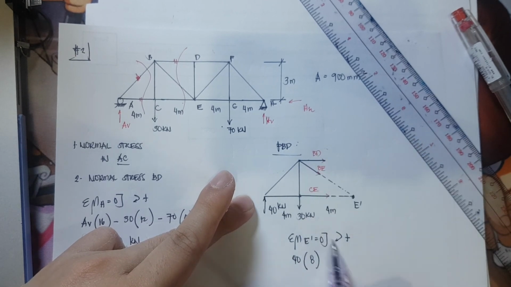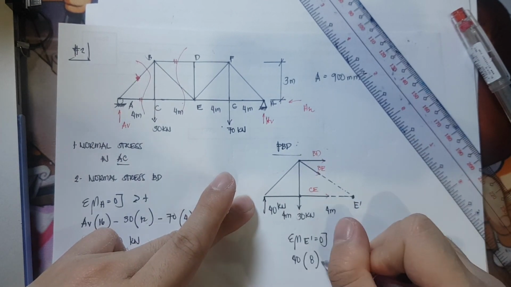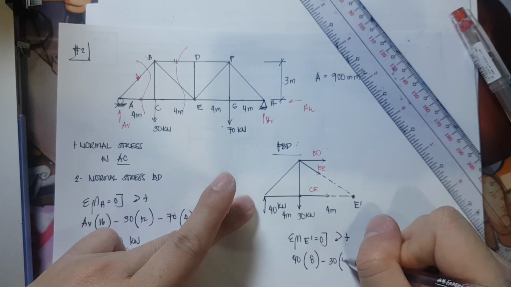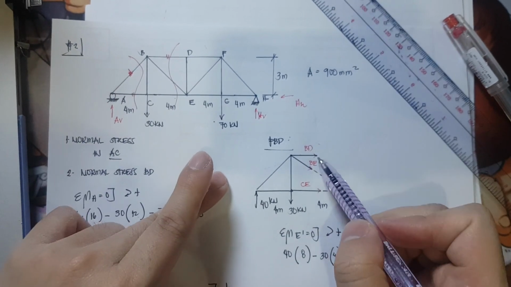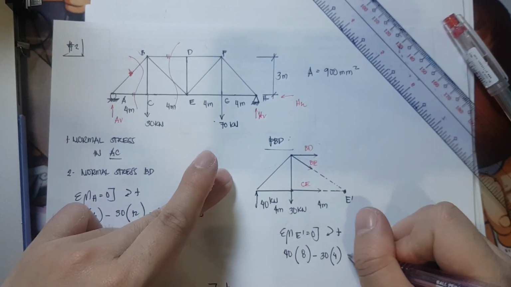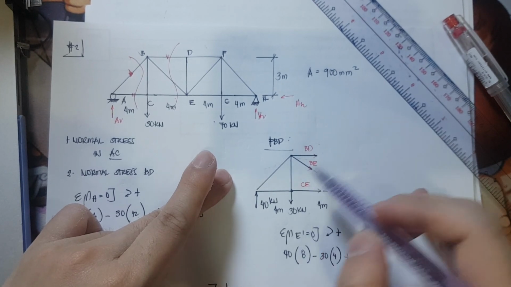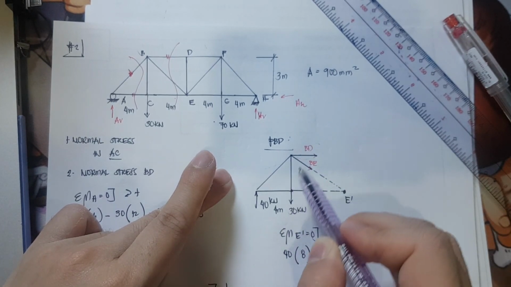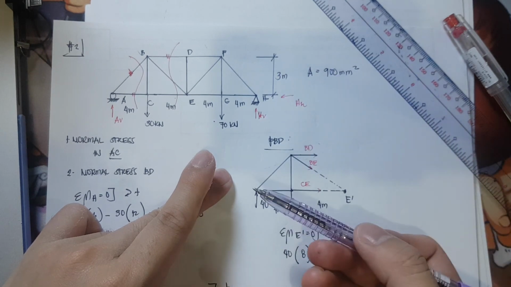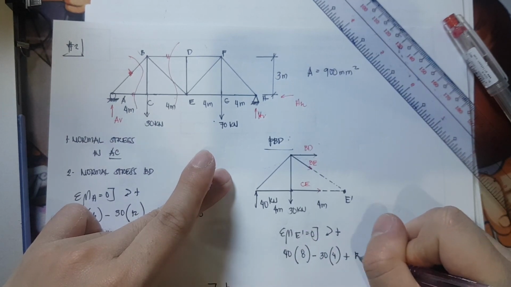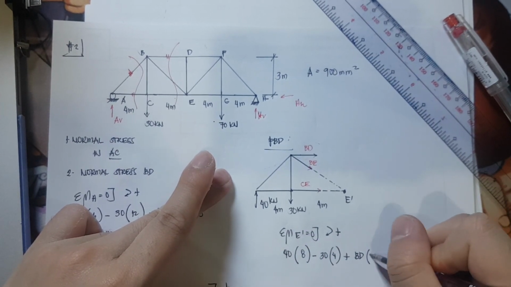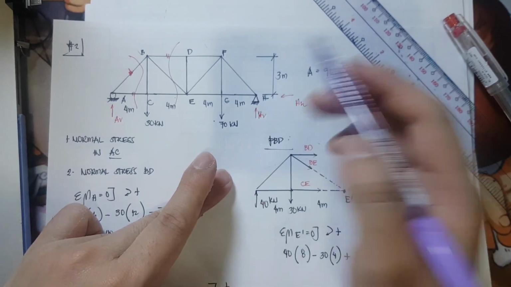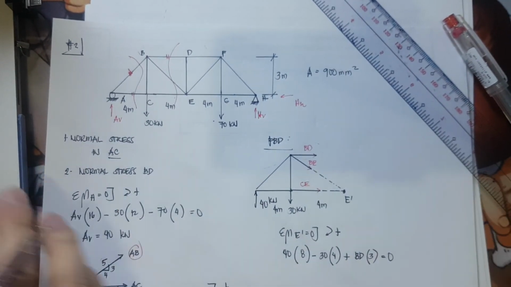Then 30 would be rotating counterclockwise, so it is minus 30 times a lever arm of 4. Next, what remains is BD. Plus, because BD will be rotating clockwise with respect to E prime. So we have BD times a lever arm of 3 meters, and that is equivalent to 0.